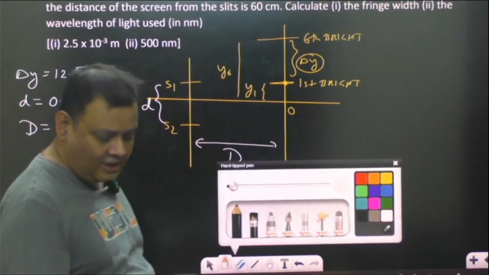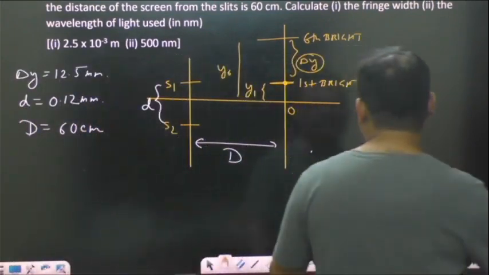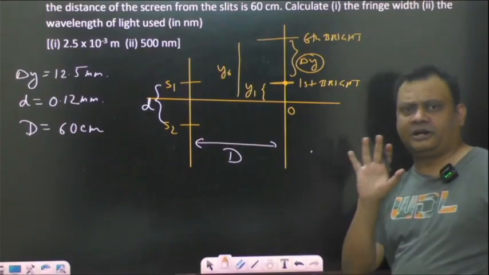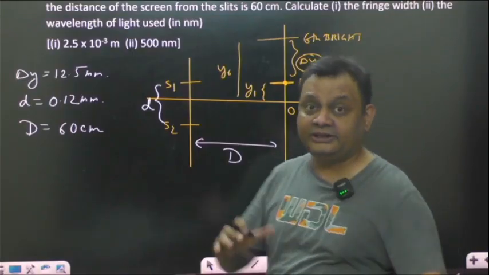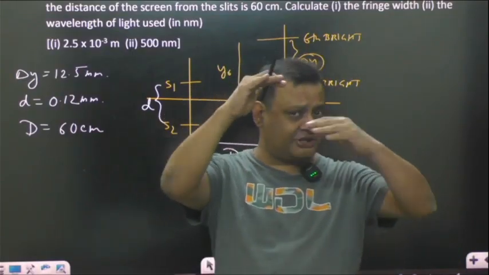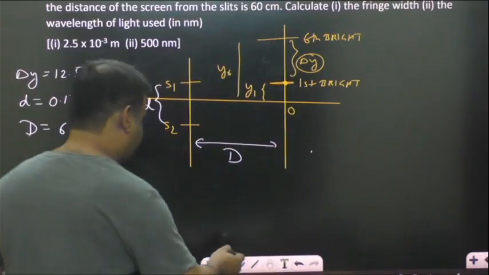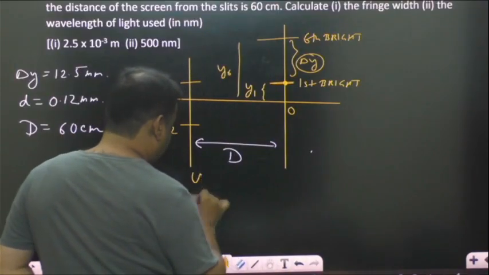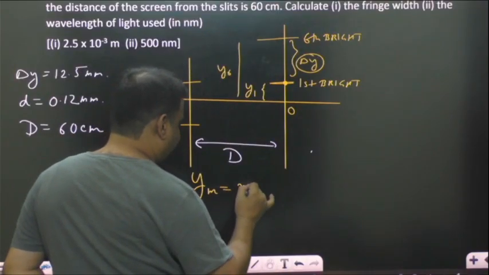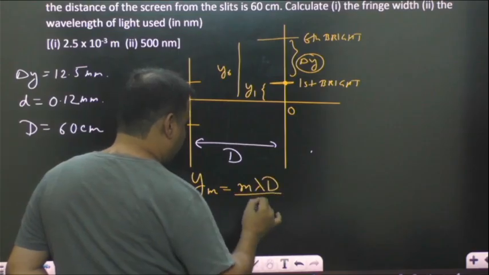Just think, you are not given the position of the first bright fringe or the sixth bright fringe. Instead you are given the gap, the distance between the sixth and the first bright fringes. You know, for mth bright fringe the formula is m lambda capital D by small d, isn't it?